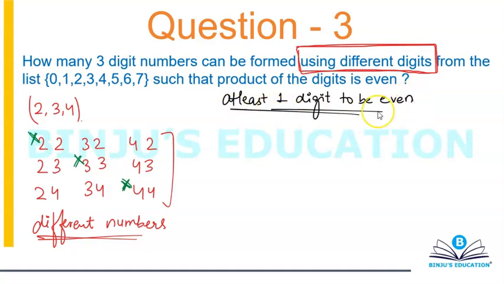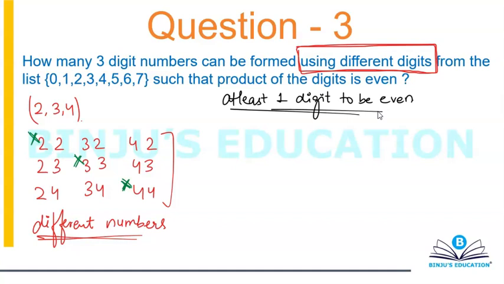You can have exactly one digit which is even, exactly two digits which are even, or exactly three digits which are even. All of them will always give you an even product.